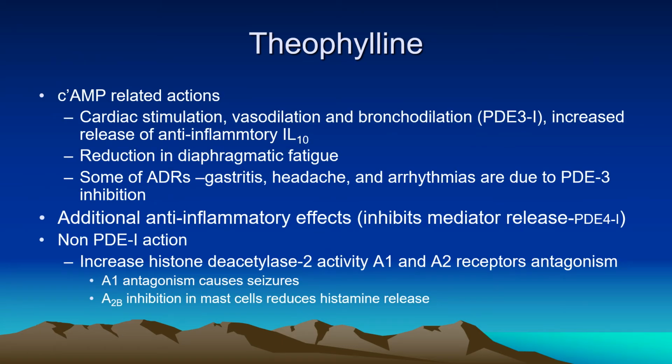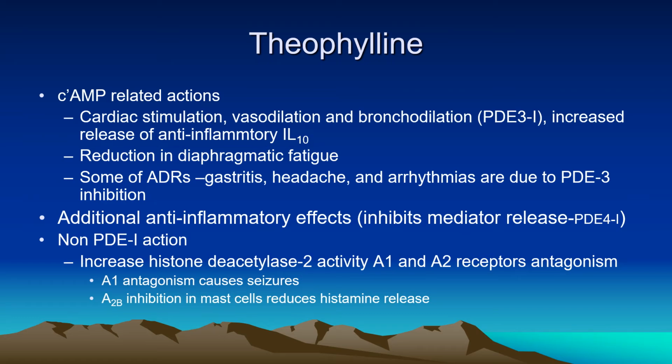Now, taking the example of the non-selective inhibitor theophylline, it inhibits phosphodiesterase enzyme without much selectivity. So the effects of theophylline are multi-systemic effects which are due to cyclic AMP dependent and other actions.